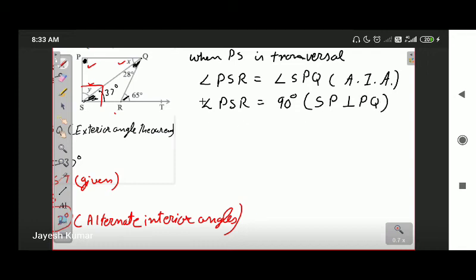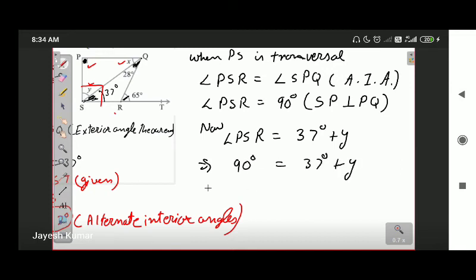Okay, so now angle PSR can be divided into two parts, 37 degree plus Y. That means the value of 90 degree should be equal to 37 degree plus Y. Value of Y should be 90 minus 37, that is 53 degree.